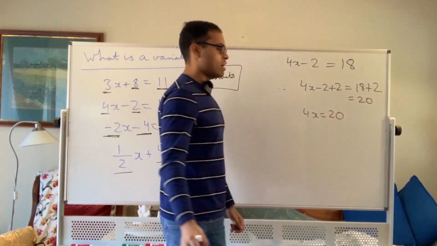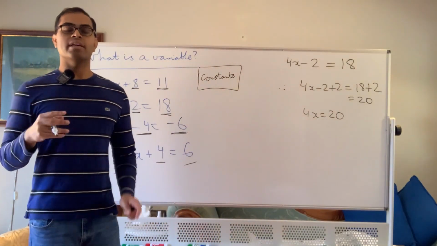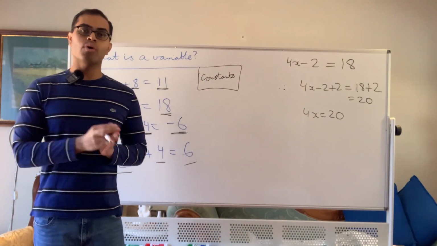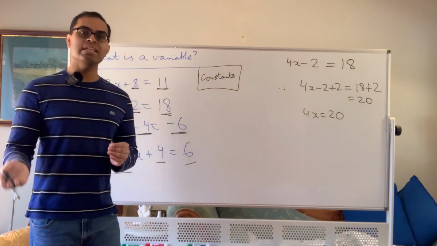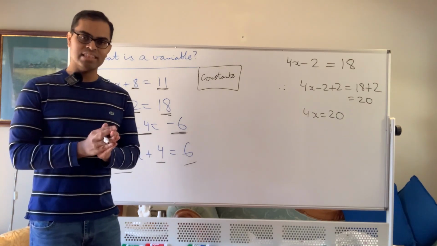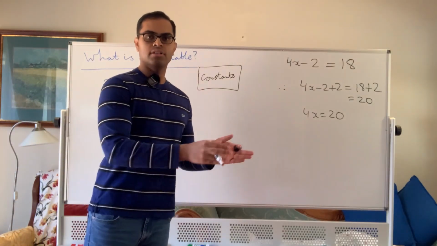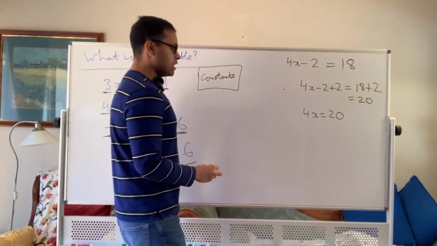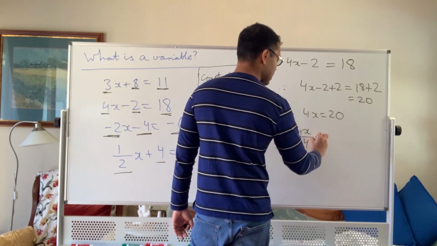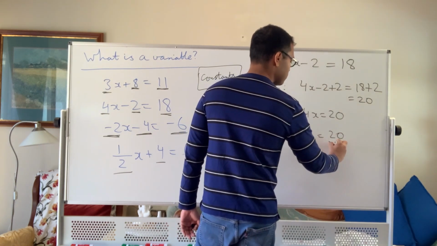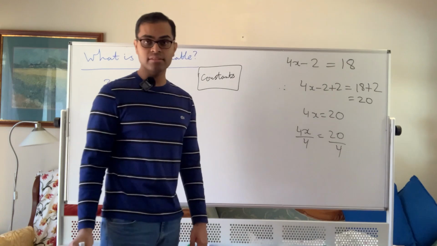4 times x is 20. So again, think about it in 2 ways. 4 times something is 20. What is the something going to be? The something is going to be 20 divided by 4, because that is the thing that you multiply with 4 to get 20. Another way of writing that is 4x is 20, so if you divide 4x by 4 and you divide 20 by 4, you get the same answer.